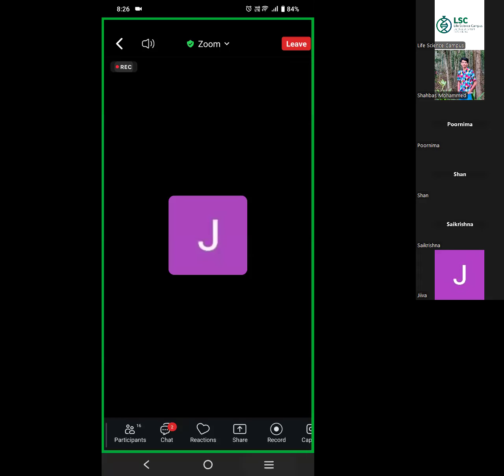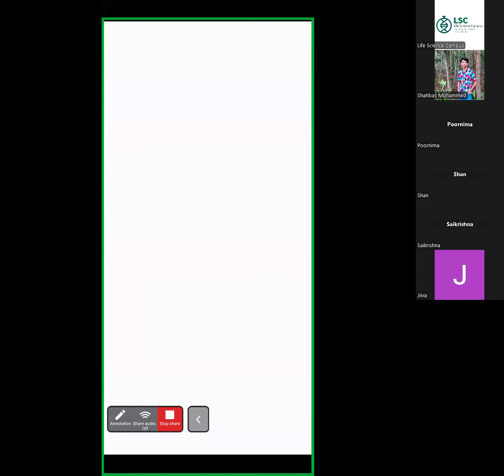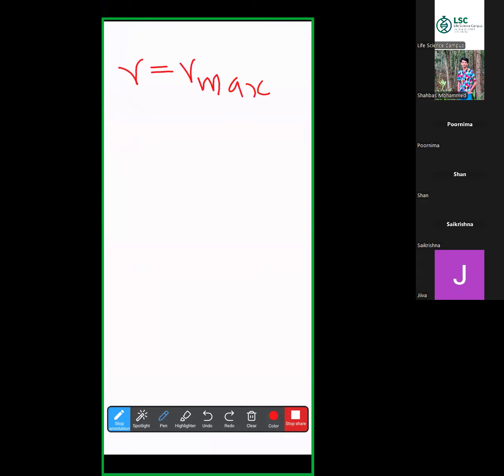Then when all the conditions are favorable, this R value will be R max. Instantaneous growth rate will become its maximum level. And this R max is called the intrinsic rate of increase.